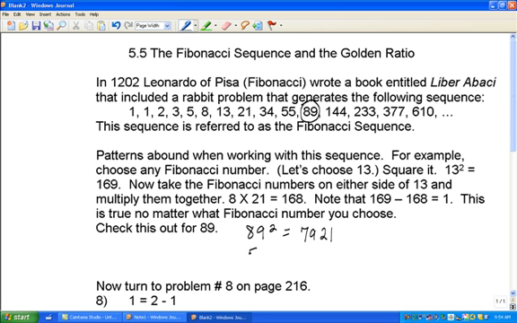Now, if we multiply 55 times 144, those are the numbers on either side of 89, we get 7920, and the difference between those two results is 1. So that's just an example of one of the patterns that you can find with the Fibonacci numbers.